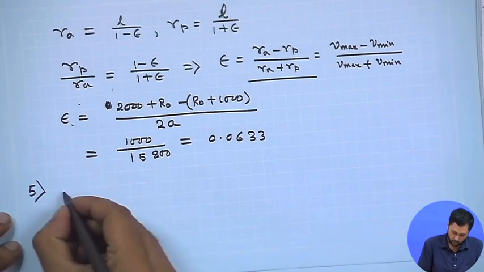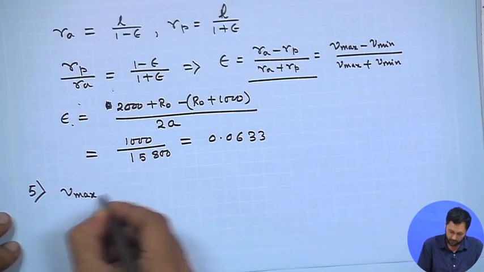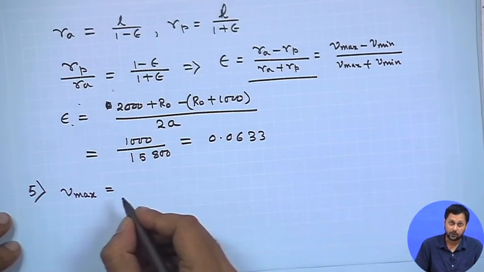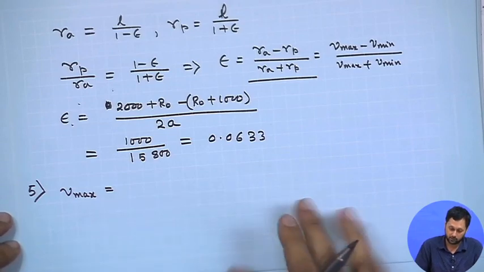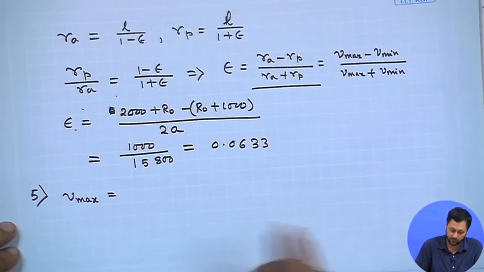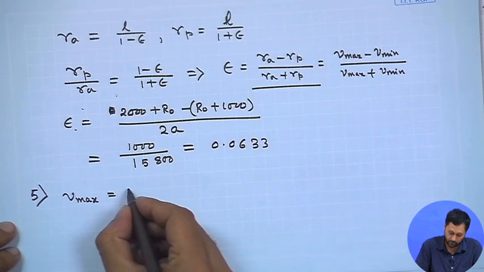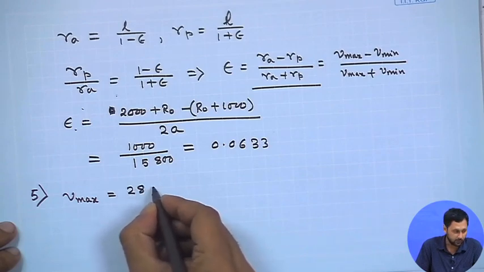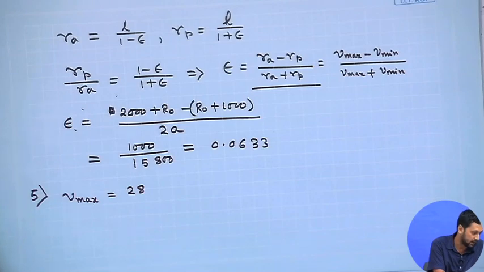At first this might look like a problem where proper information is not given, and you might think this is not sufficient information to calculate this. So, what we need to calculate is the apogee distance, which is R A, the speed at apogee, and the period of revolution.